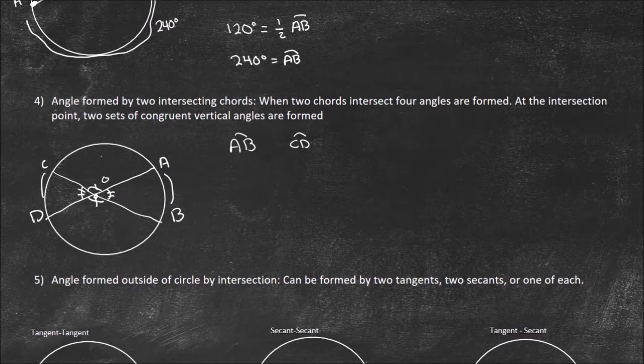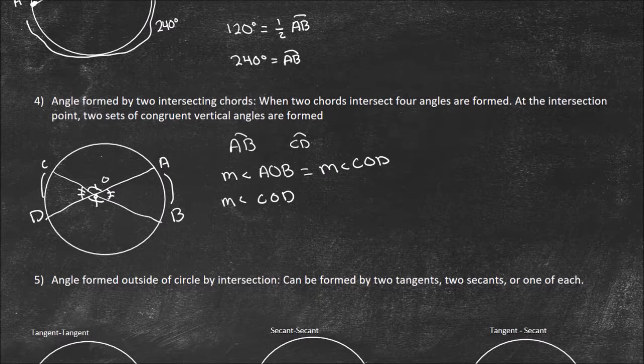I also have the measure of angle AOB and the measure of angle COD. What I said about the vertical angles is that those have to be congruent. So the measure of angle COD and AOB have to be congruent because they're vertical angles, so I'm going to set this equal to the measure of angle COD. That helps because if I find one, I know the other one.